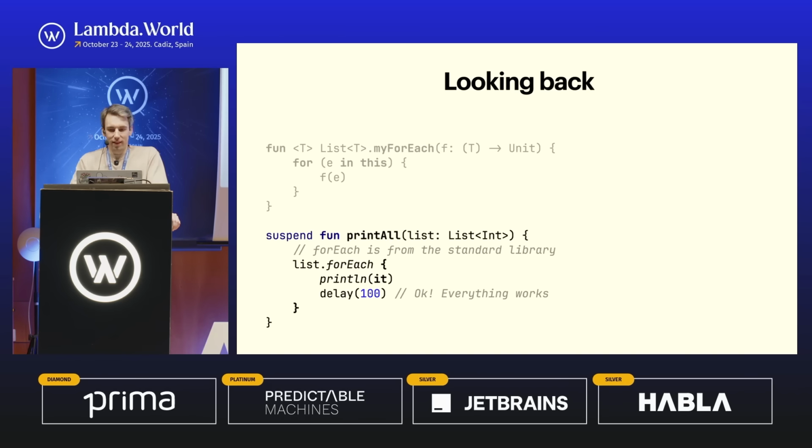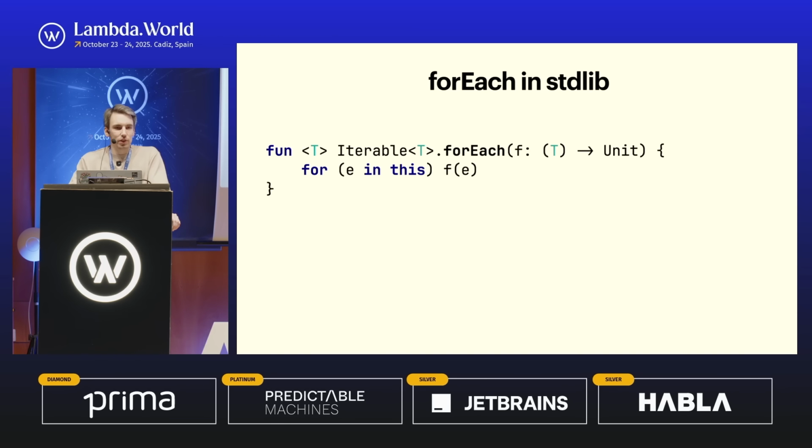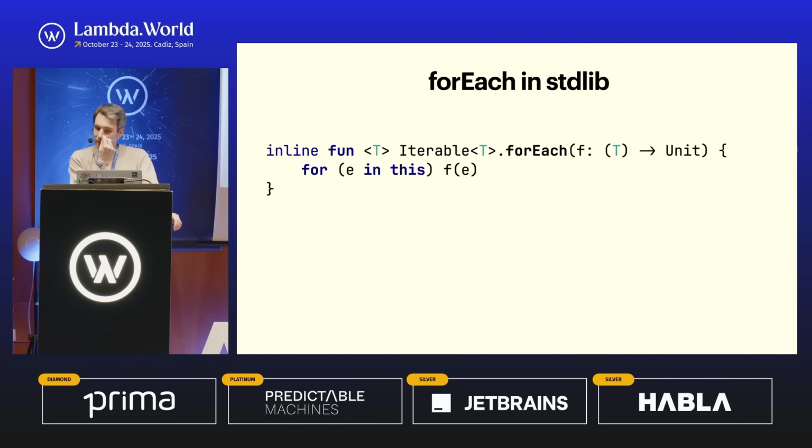And the idea is the following: forEach in the standard library is still a regular forEach with a for loop, and it's just a single declaration. There are no overloads for it. But the thing is that it's marked with an inline modifier. And this can be quite confusing, because in Scala 3 you have inline, and in some other languages you have inline, but it's slightly different in Kotlin.